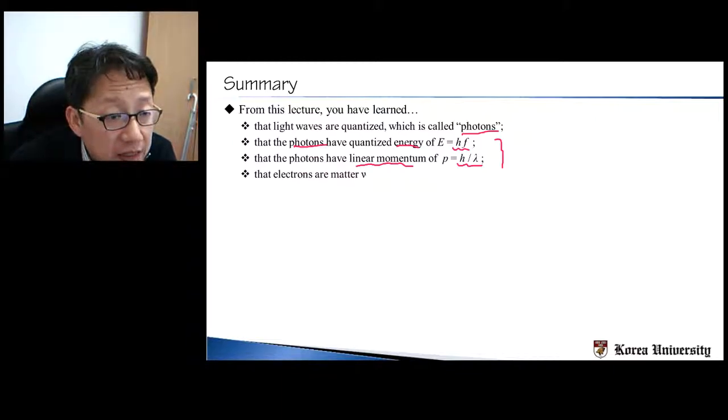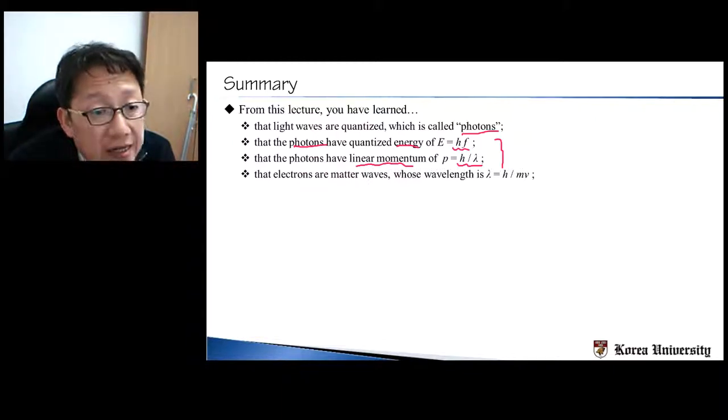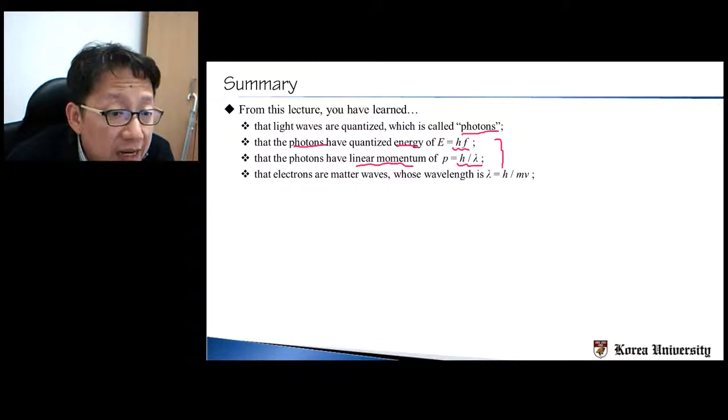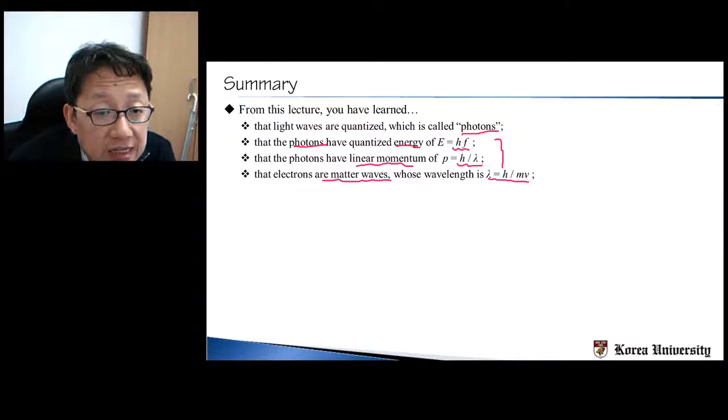Okay, and we learned that just like light waves are particles, electrons are actually waves, which we call matter waves, and the wavelength is given as lambda equal to the Planck constant divided by the momentum, which is mv, and we called it the de Broglie relationship.